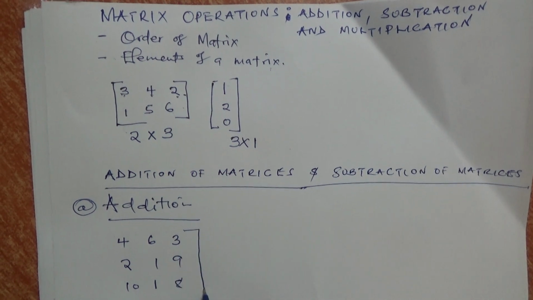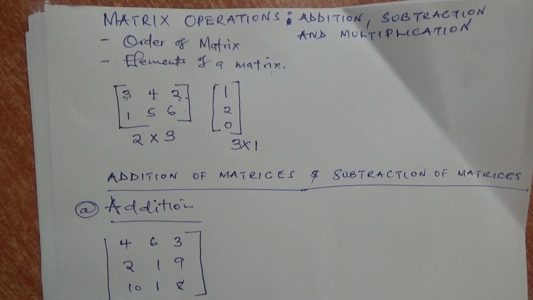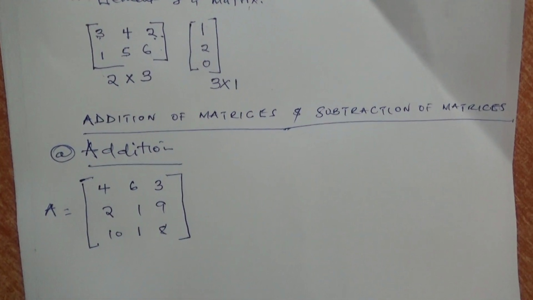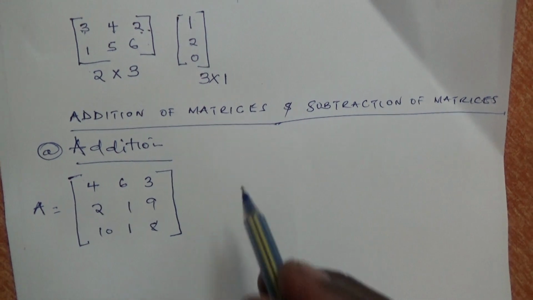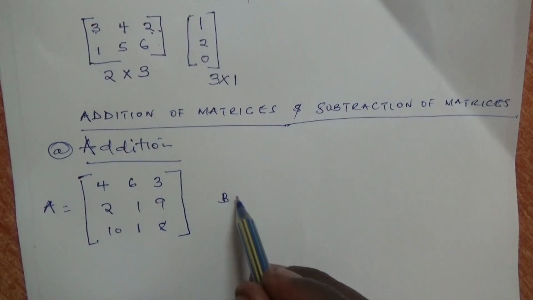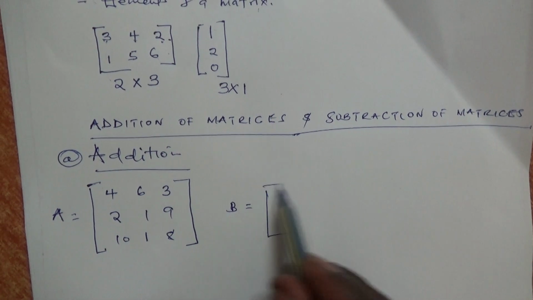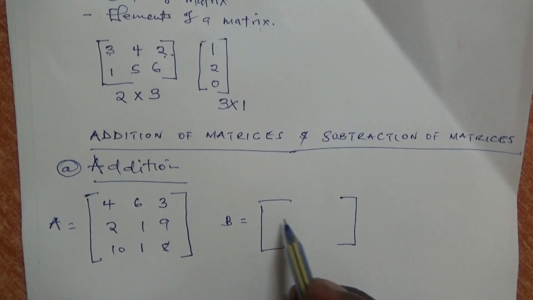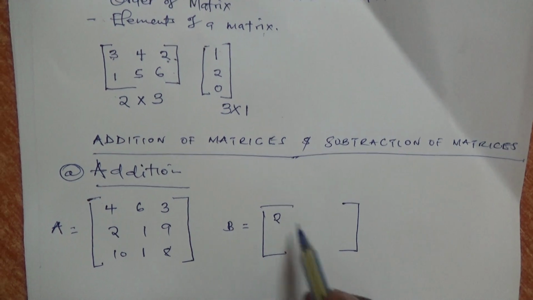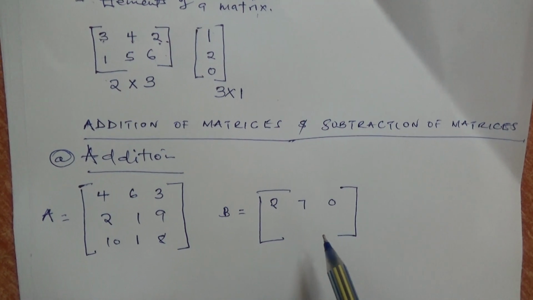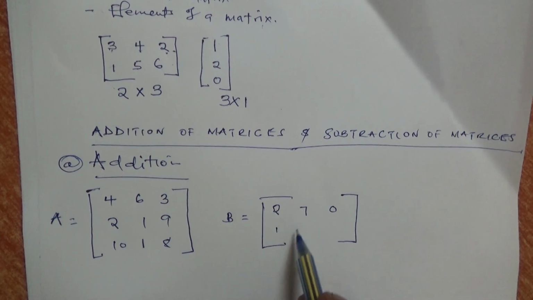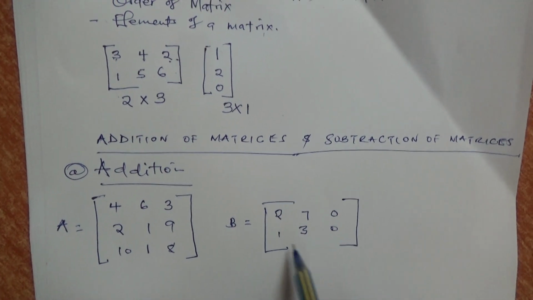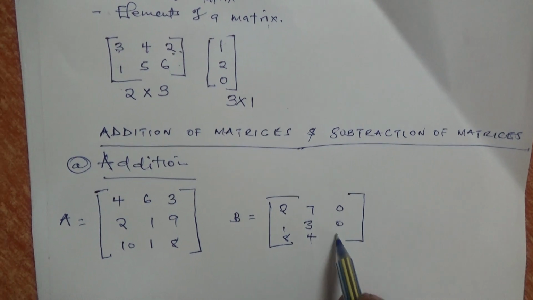If this is a matrix A, okay, and again we have another matrix B to be this one, 2, 7, 0, and then we have 1, 3, then 0, then we have 8, then we have 4, then 2.